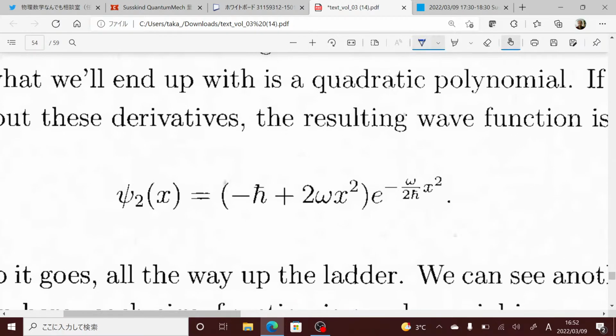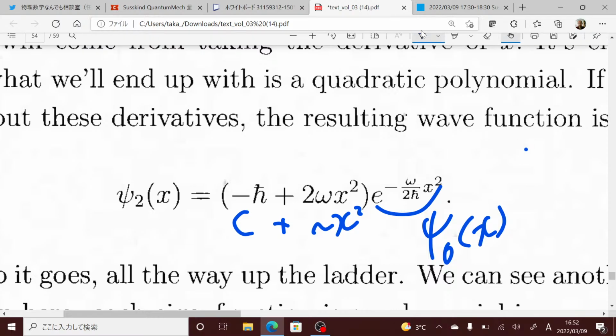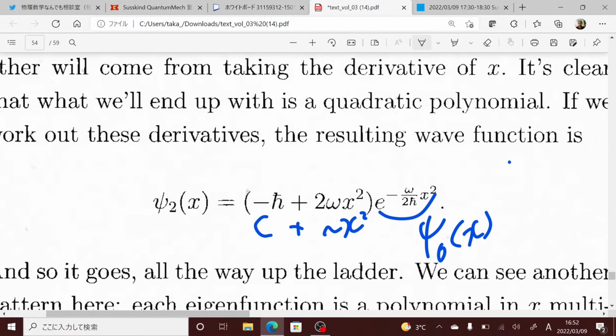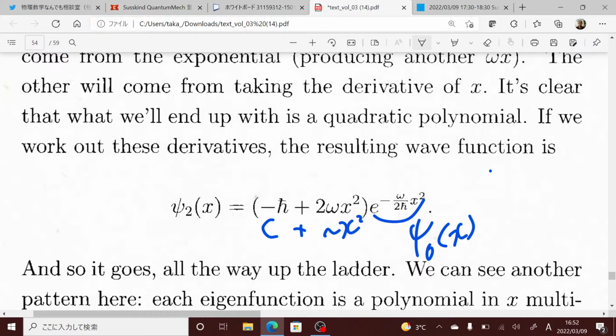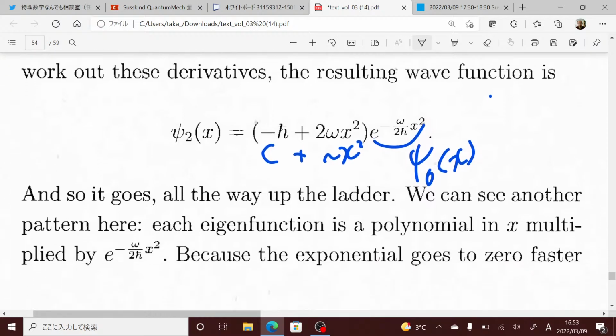So this is the original psi 0. Then we have just a constant term plus an x squared term. And so it goes all the way up the ladder.